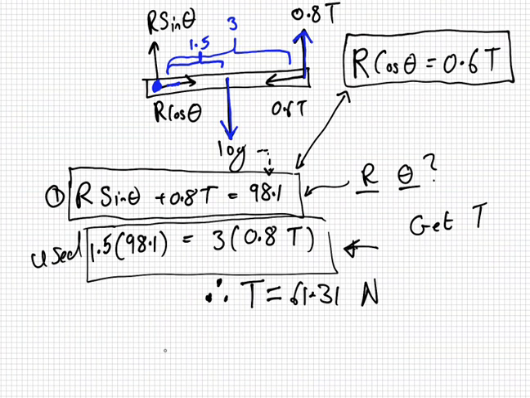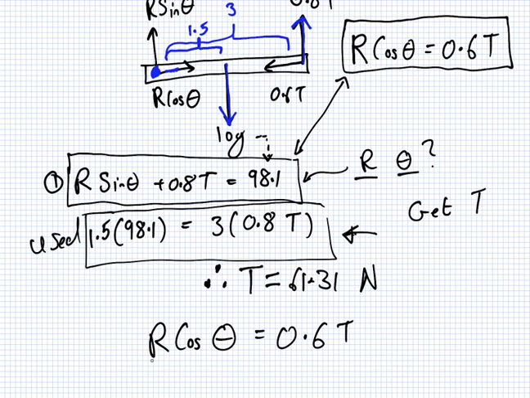Alright. So I'll just write these again. T cos theta equals 0.6T. And the other one is T sine theta plus 0.8T equals 98.1.